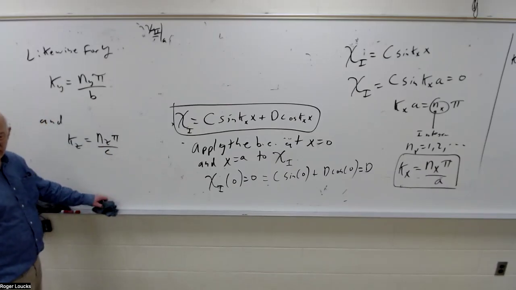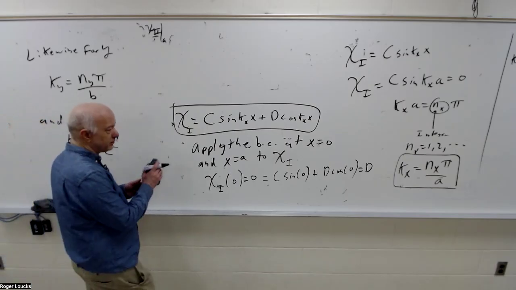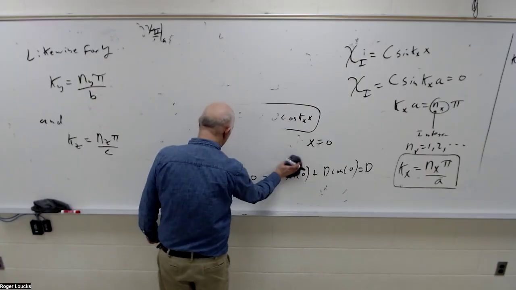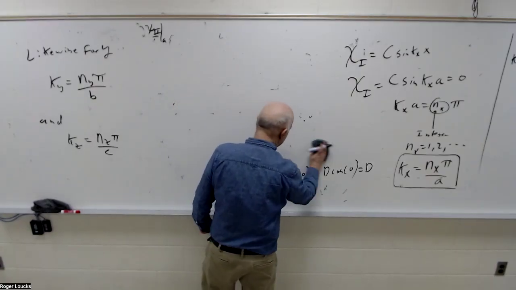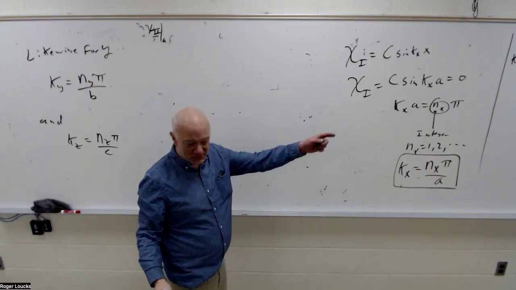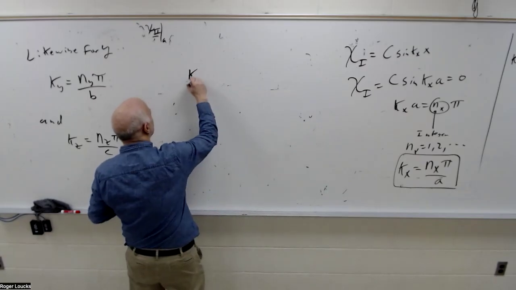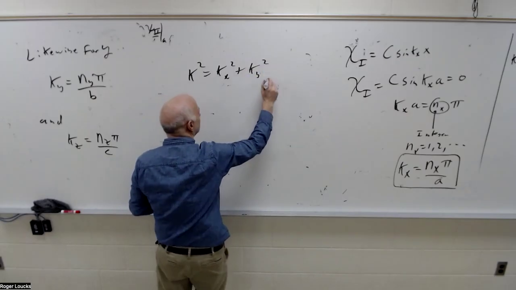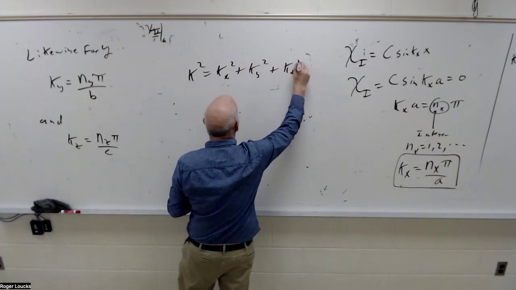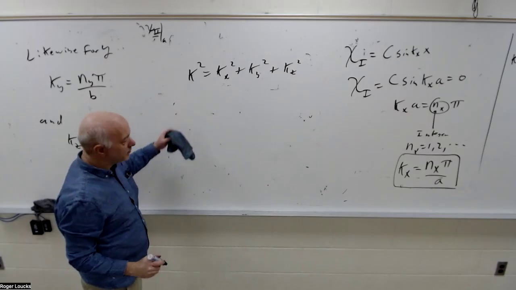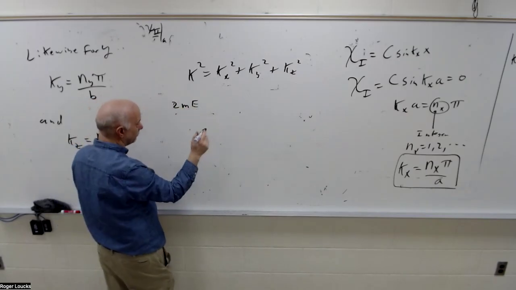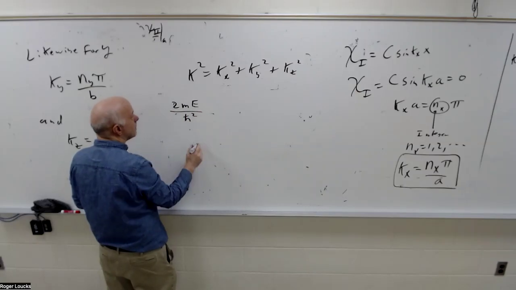Hey, what do I know about kx, ky, and kz? Is there any equation I said we might need later on? Sorry, I wrote it someplace, the one over here. Okay, this k is going to be what? This k squared is 2mE, because my V is 0 inside the box, over h bar squared.